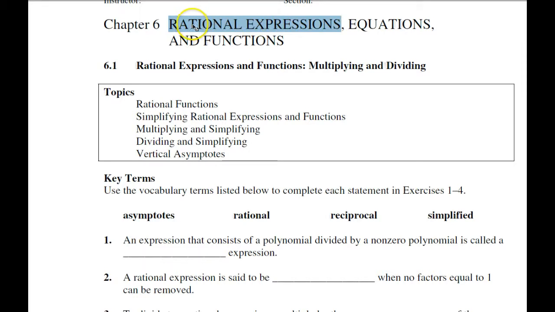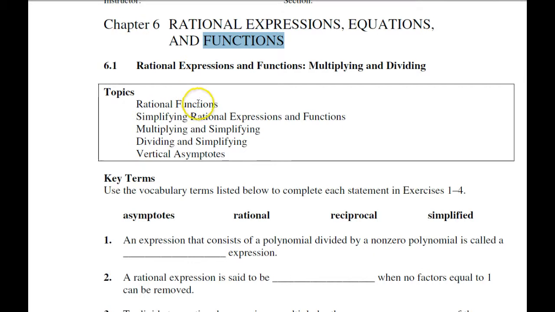And generally a synonym for rational here is a fraction. So expressions that contain fractions and equations that contain fractions and functions that contain fractions. So these are the topics.